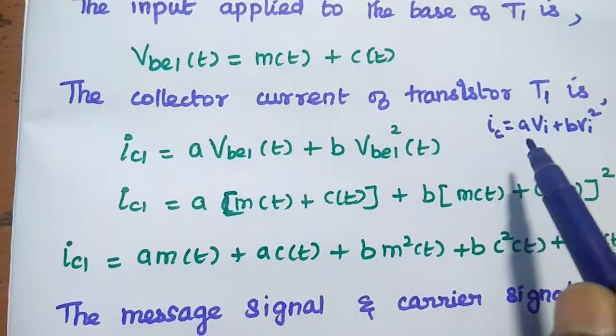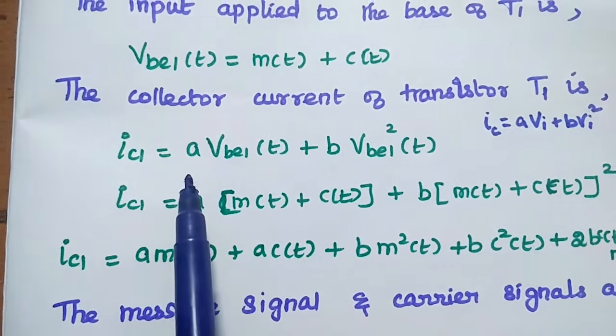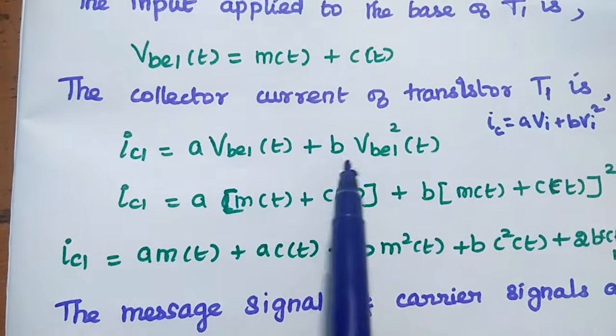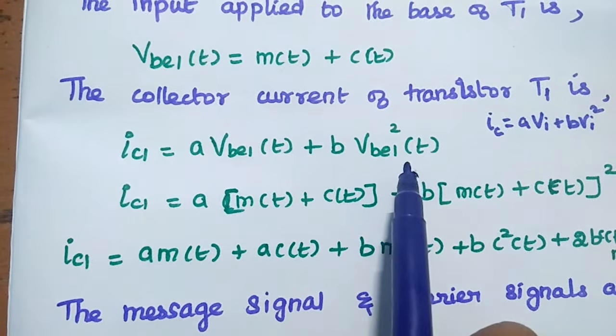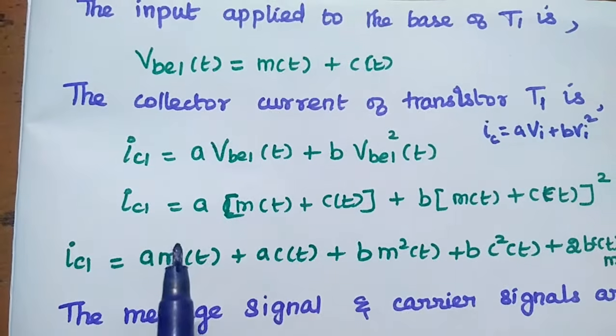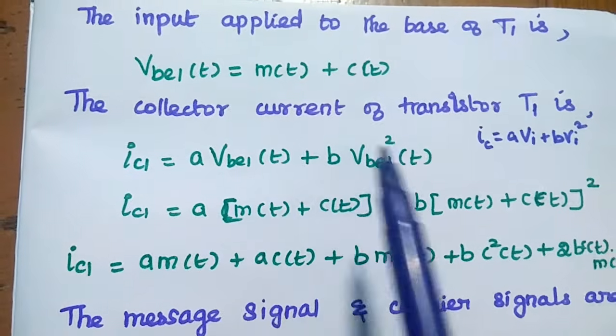Here we are going to use this property. So here collector current IC1 is equal to A into VBE1 of t plus B into VBE1 squared of t. A and B both are constants. VBE1 of t is nothing but M of t plus C of t.